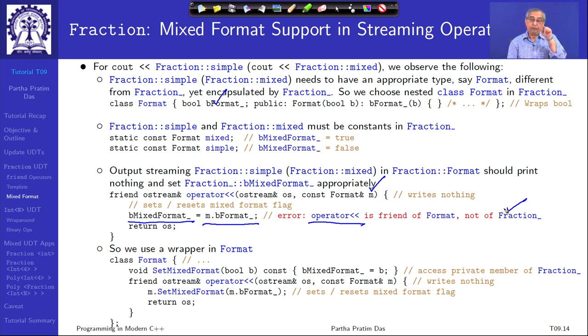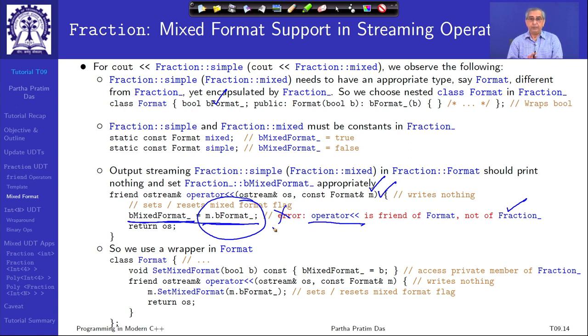The format class has access to the members of the fraction class, because it is nested. The operator streaming here has access to the members of the format class, because it is a friend, but there is no transitivity as we had mentioned. So, this will not compile, this will give an error.